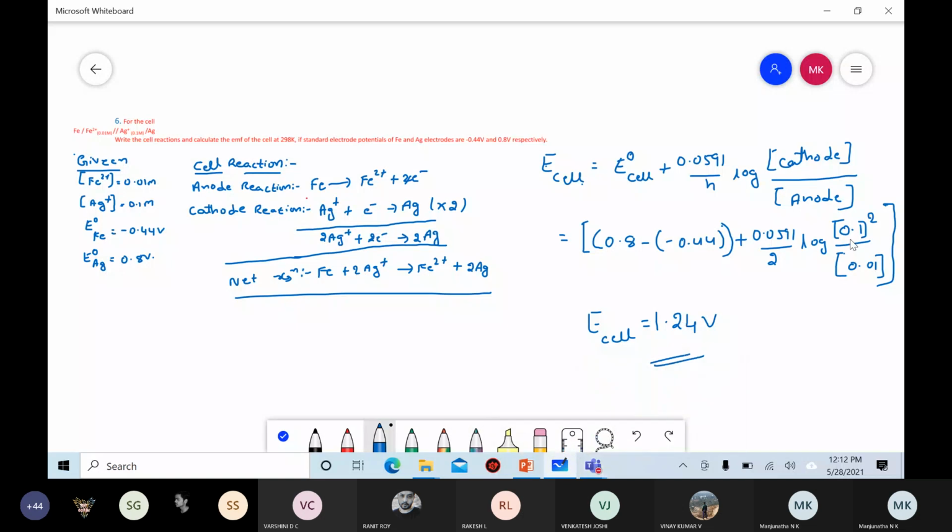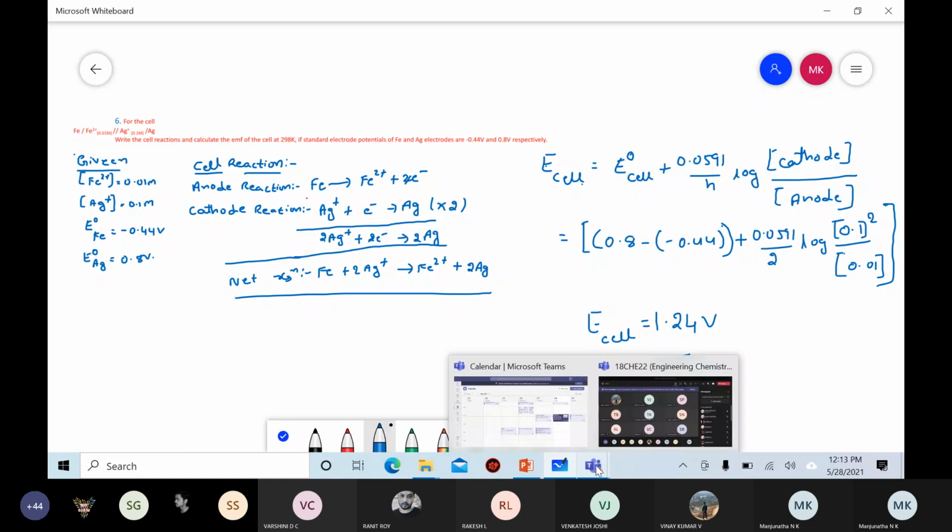Here you need to take 0.1 whole square; check it once. If you take that, 1.24 is the correct answer. Is it clear for you? Once they give a numerical where one electrode is a two-electron and one is a one-electron electrode, you know how to write the cell reaction and how to calculate the EMF of the cell.